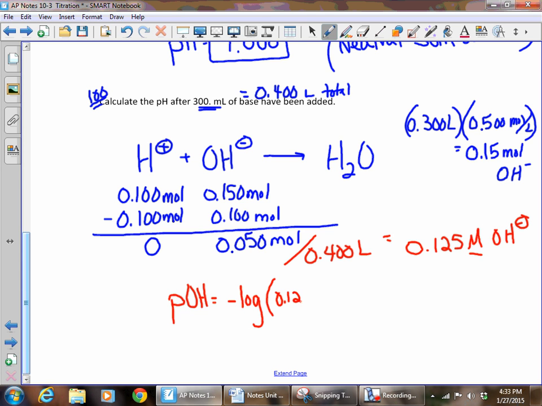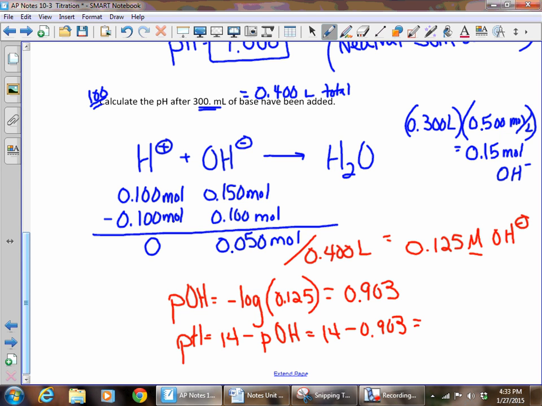So the pOH is going to be 0.903. And we know that pH then is going to be 14 minus pOH. So 14 minus the 0.903, and we get 13.097 for our pH value for this solution.